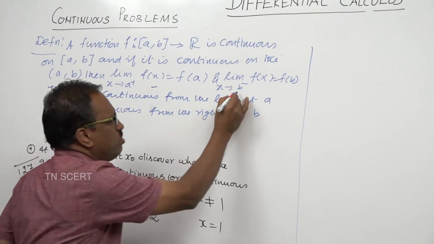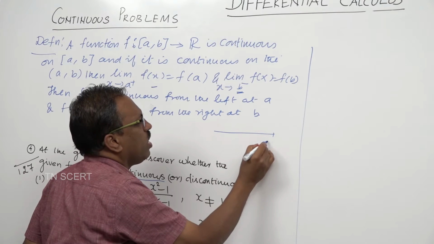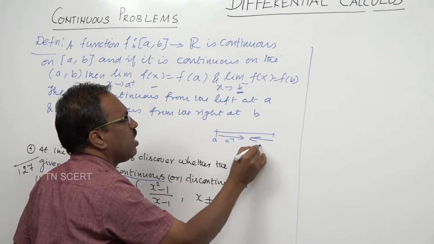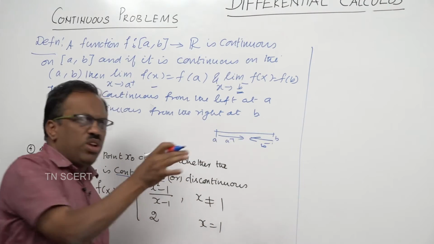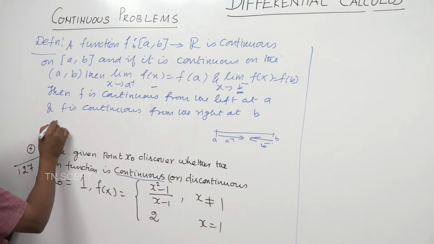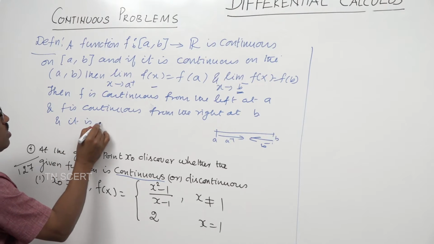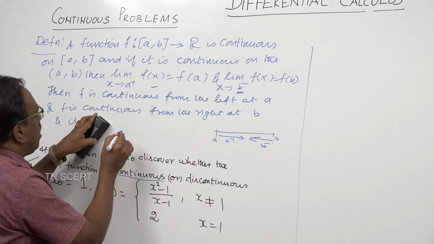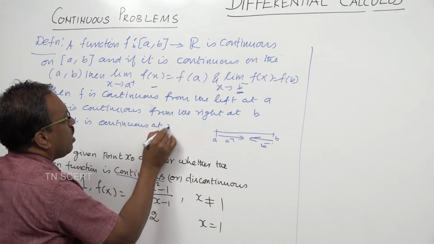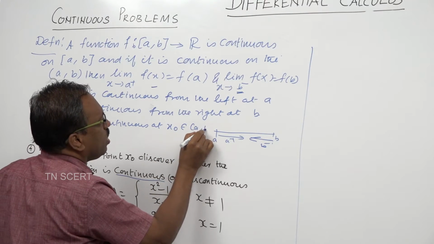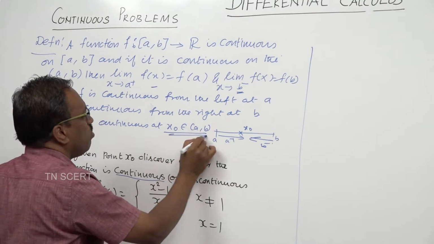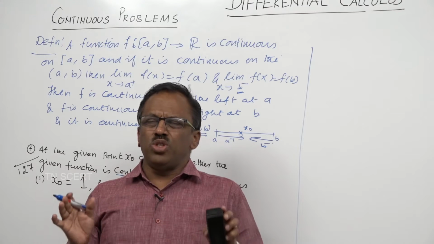Here it is towards a, this is a plus, remember that, and this is b minus. Between these limiting points, the entire thing is continuous, and it is continuous at x naught, which is a neighborhood point in the open interval, anywhere between a and b. So this is the definition of continuity.